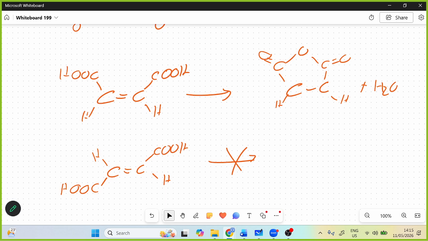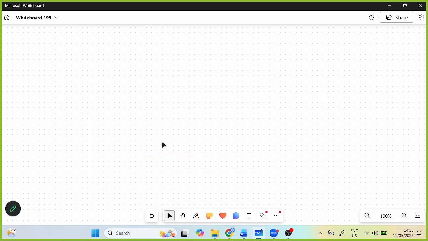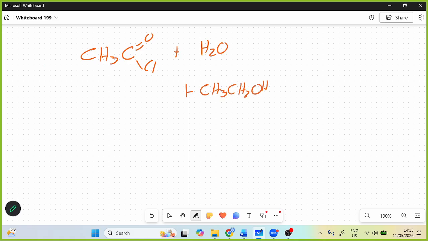Then we're going to have acyl chlorides. For acyl chlorides, this is all going to be with ethanoyl chloride. So I'm going to write ethanoyl chloride once, and it's plus H2O, plus CH3CH2OH, plus NH3, plus CH3CH2NH2, and plus CH3COONa.